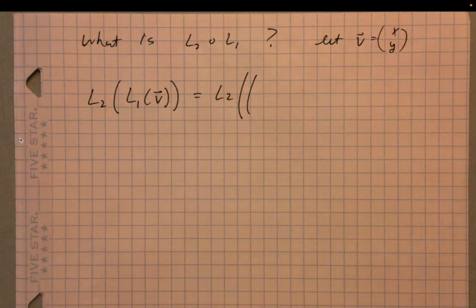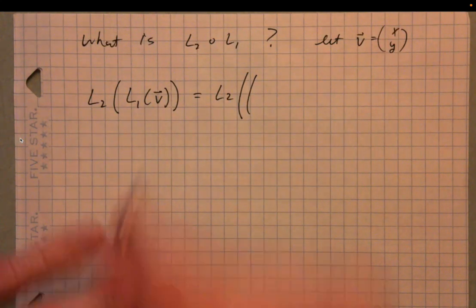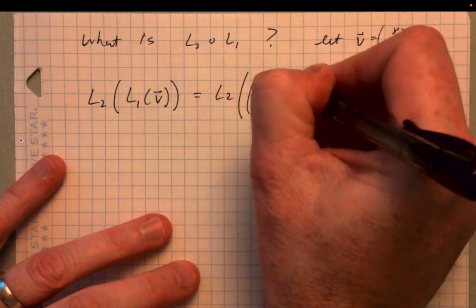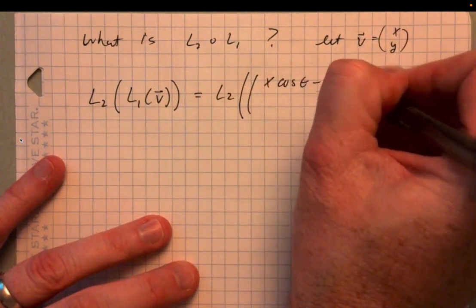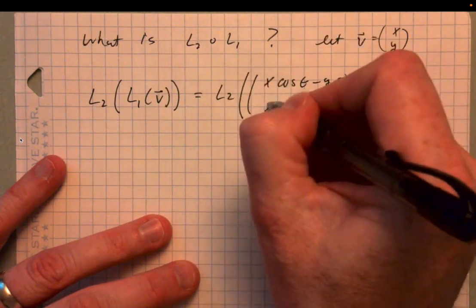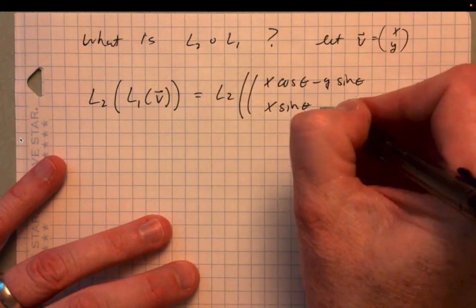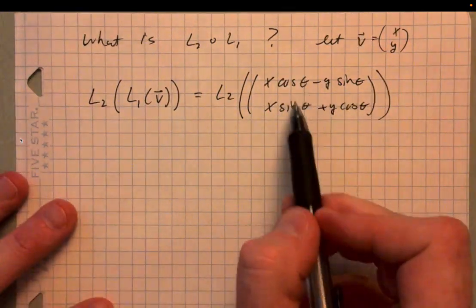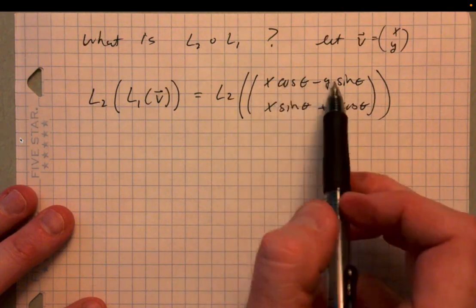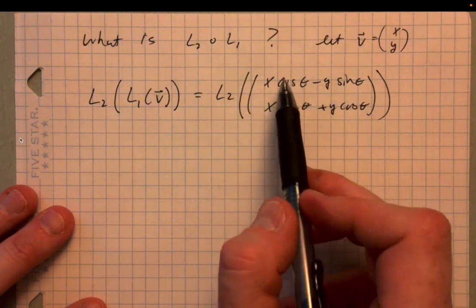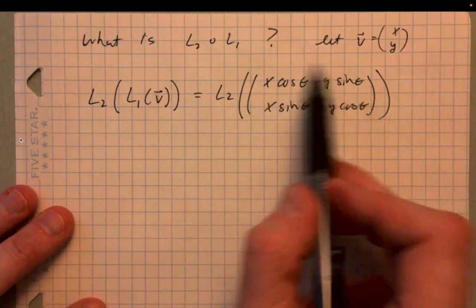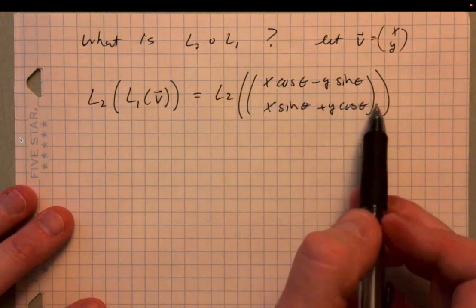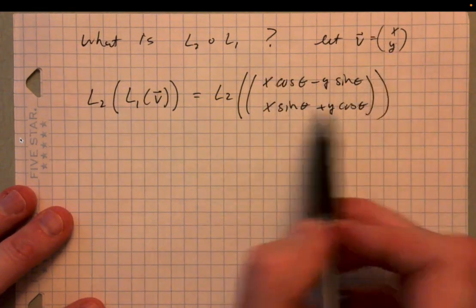If I apply L1 to v, then I multiply the matrix cos theta, negative sine theta, sine theta, cos theta, times xy, and I get x cos theta minus y sine theta, and then x sine theta plus y cos theta, right? So this is the vector that I get. xy is what I start with, and when I apply the rotation, I get this vector. The top expression is the first component, and the bottom expression is what y becomes.